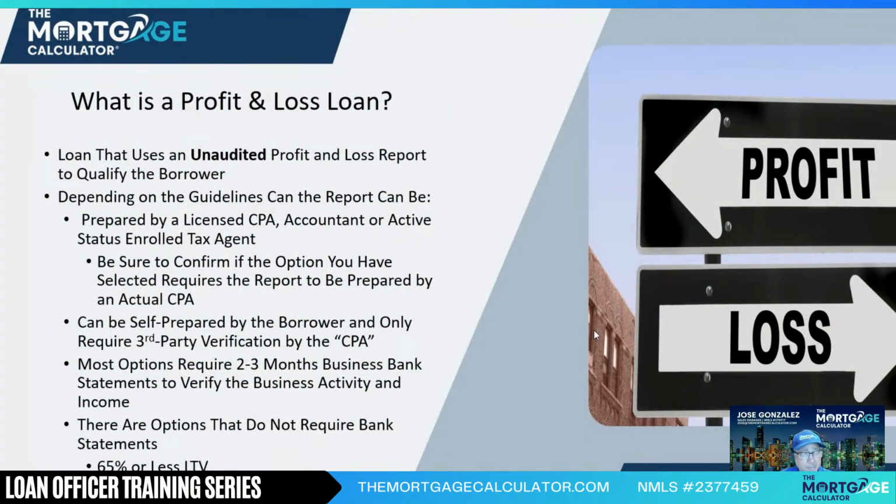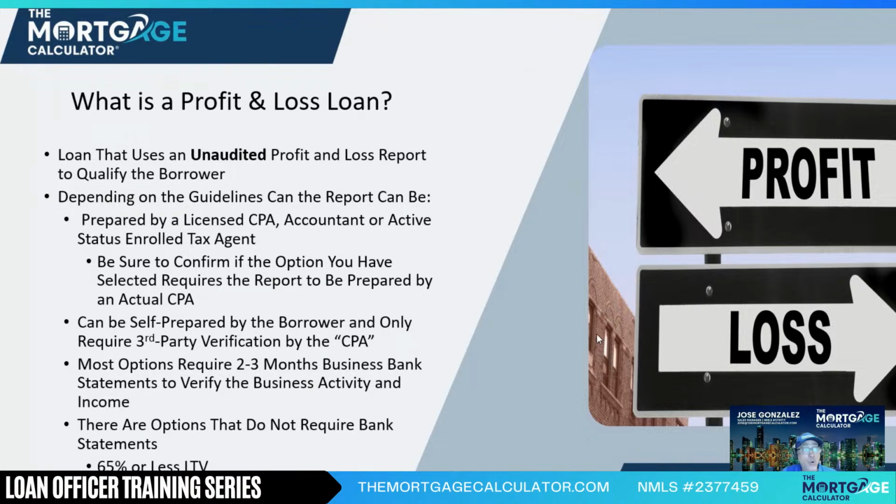So first, let me note that the profit and loss report we're talking about typically is going to be an unaudited profit and loss report. That's real important, right? Because an audited profit and loss report is almost like a tax return. Depending on the guidelines, right, the report can be prepared by a licensed CPA or an accountant or an active status enrolled tax agent.